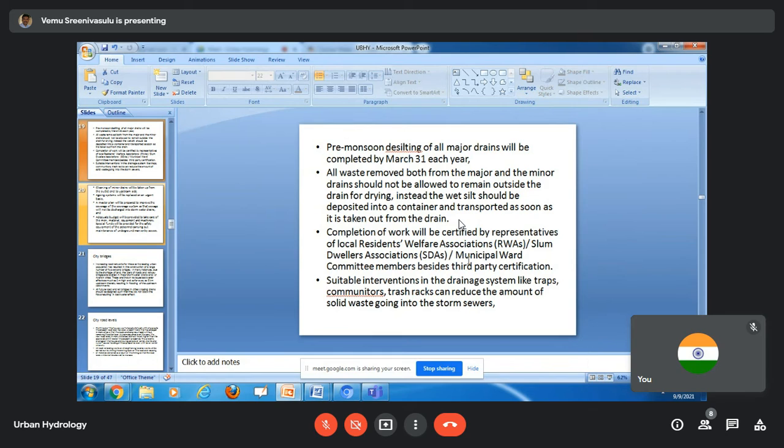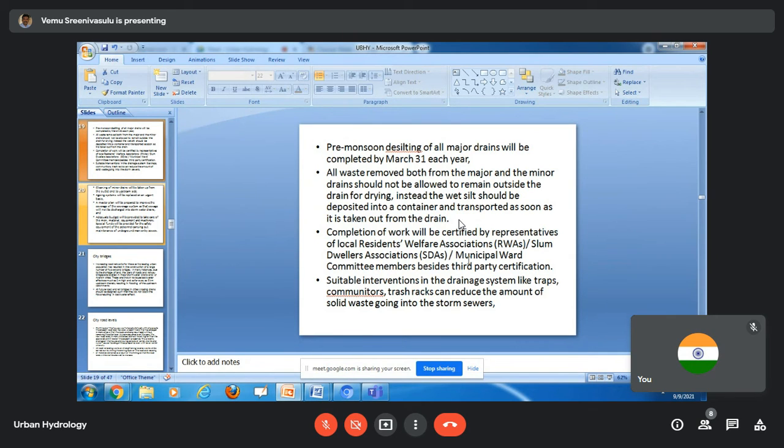Suitable interventions in the drainage system, like traps, comminutors, and trash racks, can reduce the amount of solid waste going to the storm sewers. Traps will allow only liquid flow into the drain and stop all the solid waste.